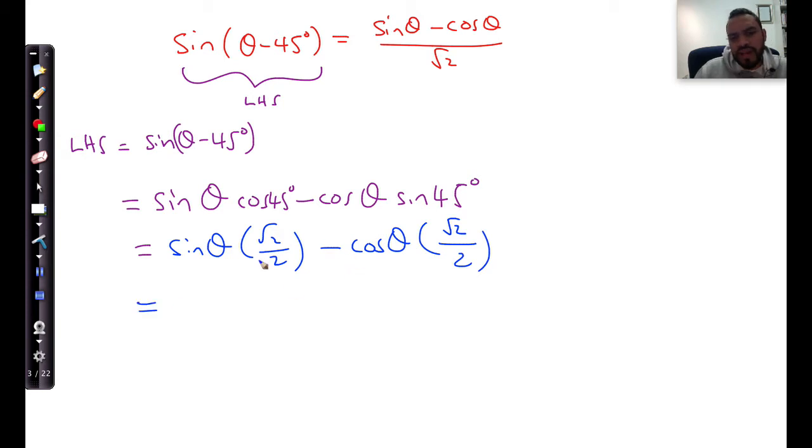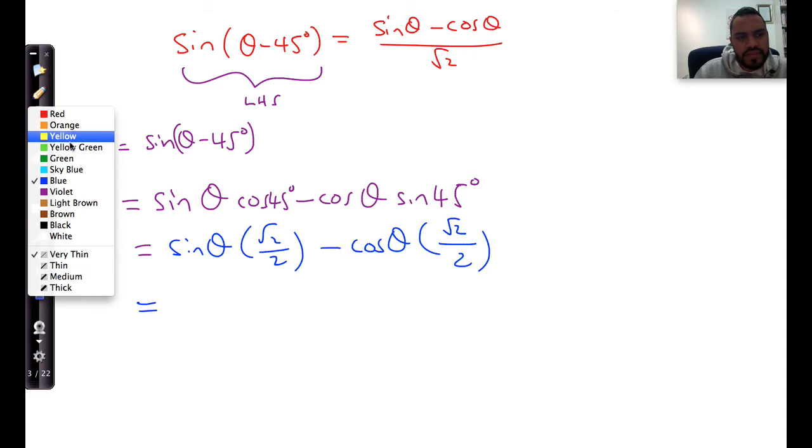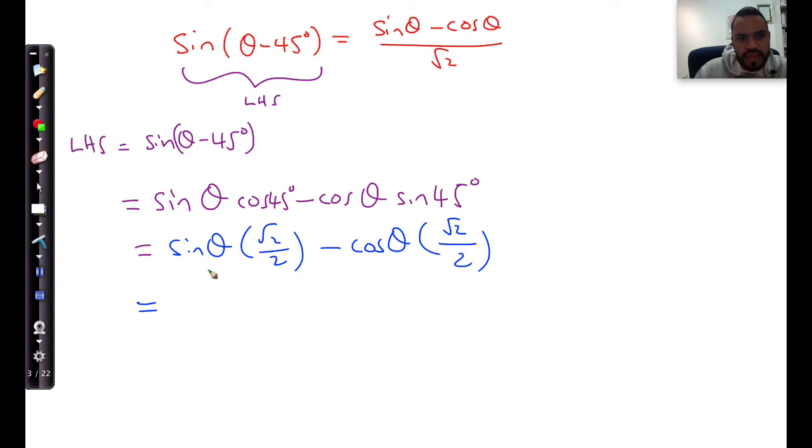Okay, so now I take that out as a common factor, and I've got root 2 over 2 multiplied by sine theta minus cos theta.